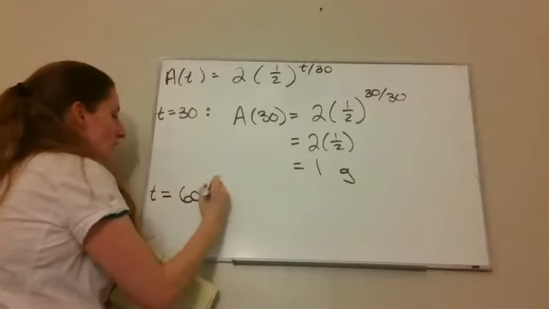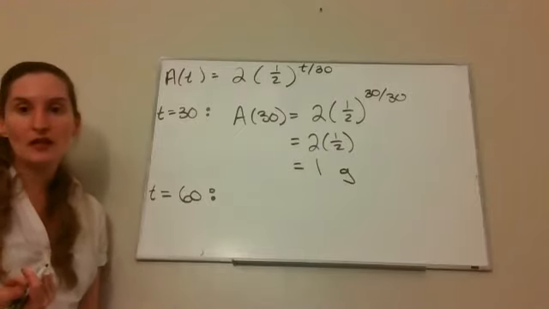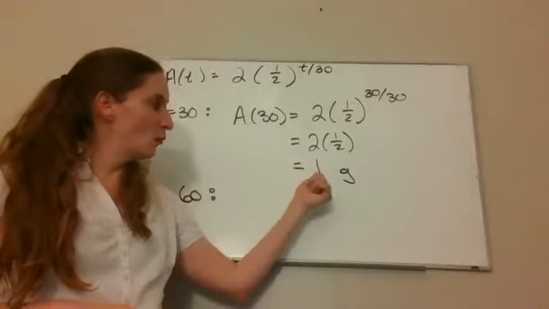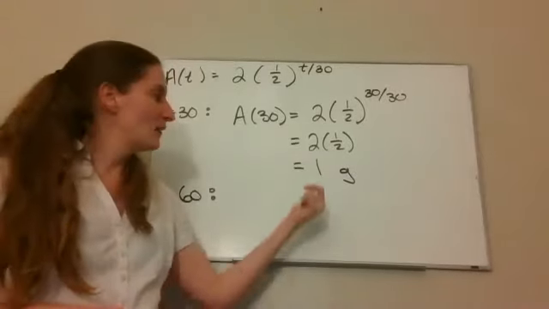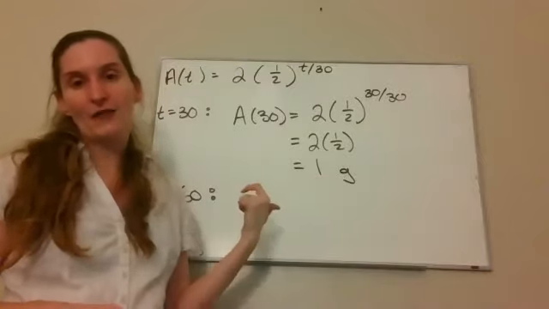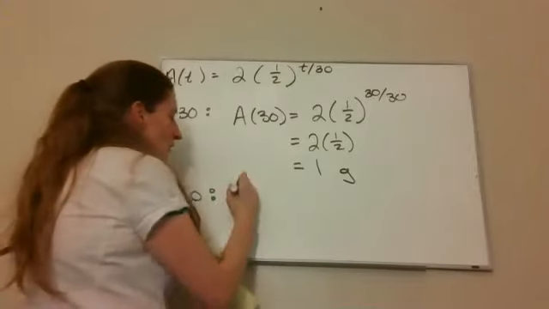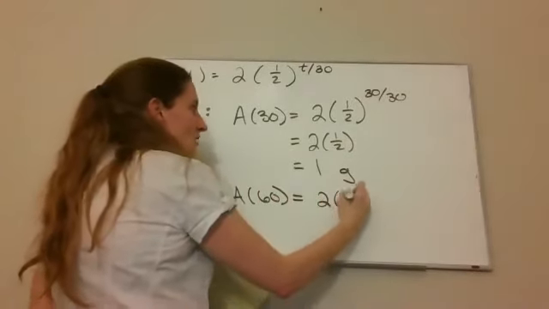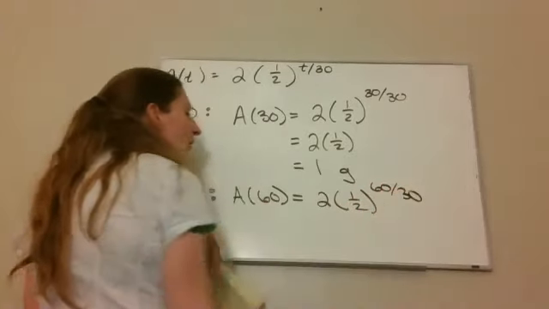Now, what do you think is going to happen at t equals 60? That's another 30 years has gone by. Well, in theory, this 1 should be chopped in half. We should have another half die, and so that's going to make it down to 1/2 gram. So it keeps getting chopped in half. Let's see if that works. A of 60 would be 2 times 1/2 to the 60 over 30 power.